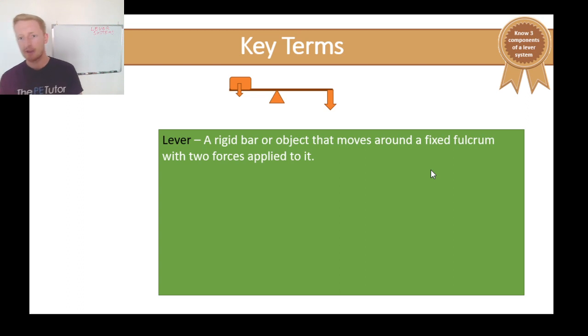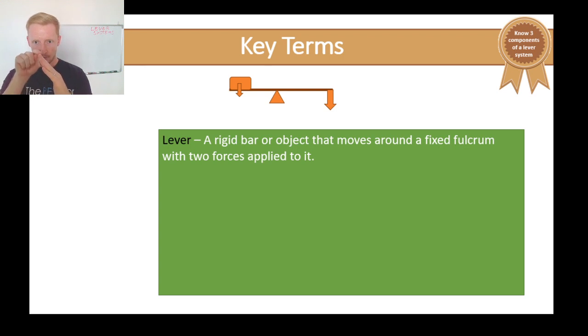So the first thing that we have is a lever. This is a rigid bar or structure or an arm. It's rigid and it's fixed to, now that word there, fulcrum, we'll cover it in a second, but that's our pivot point. So the triangle in this diagram, that's the pivot.